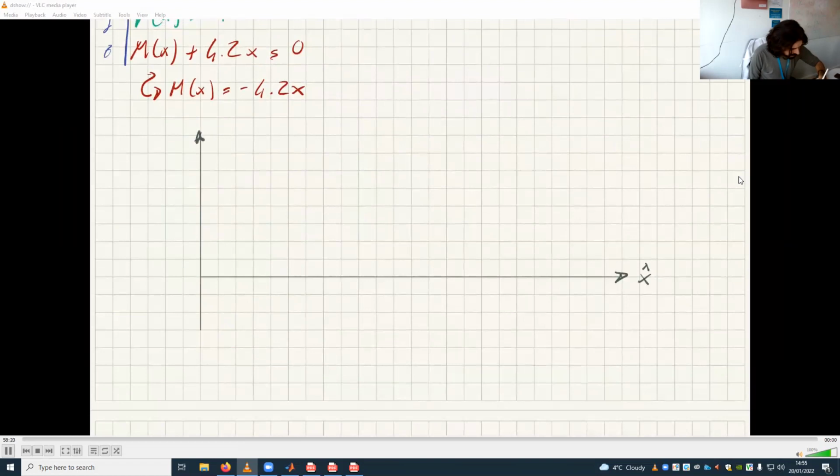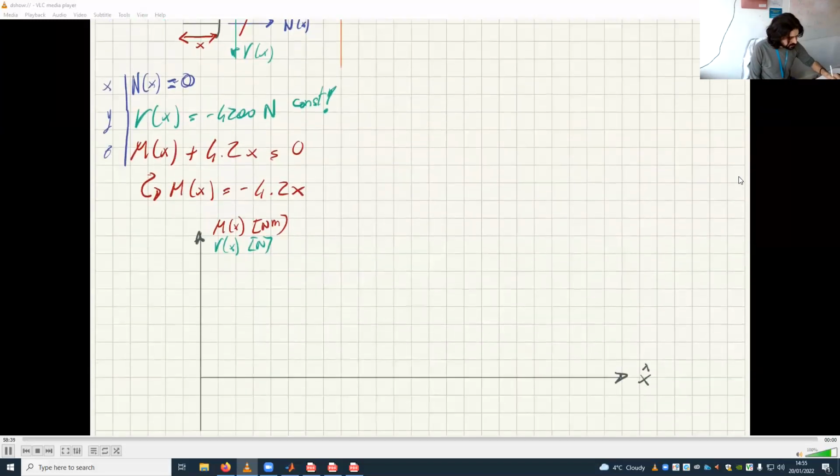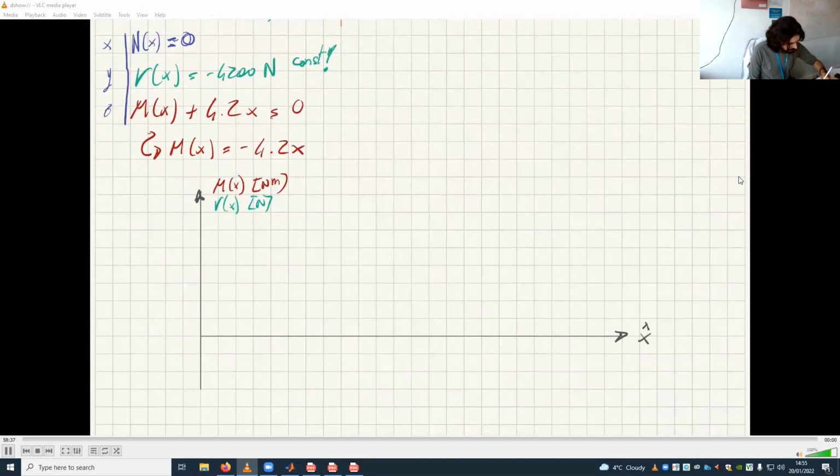This is M of x in Newton meters. And I'll also plot on the same graph V of x in newtons. So see, V of x is constant and negative. So V of x is this. Let's say this is 2. Now we have 7. Now we have 10.